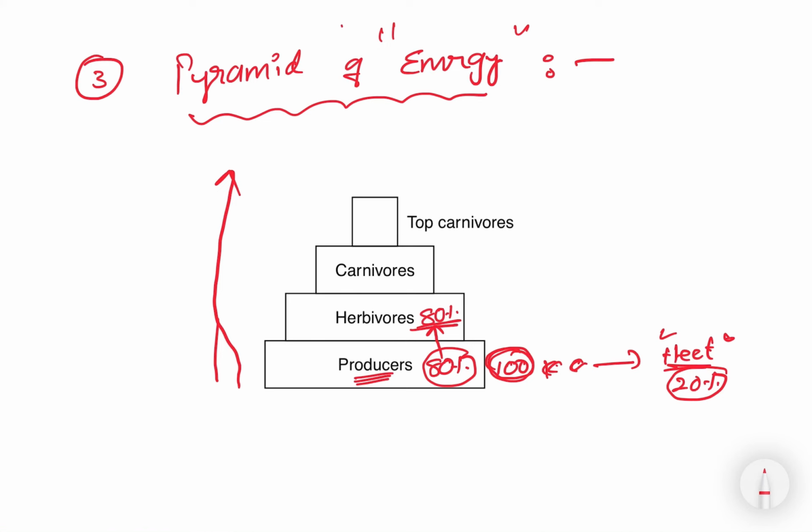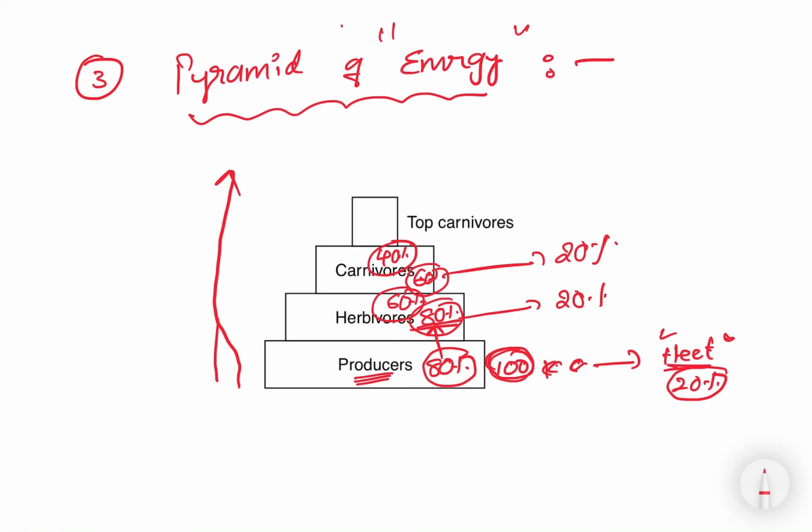And again, out of this 80% of energy, 20% of energy will be lost in the herbivores during respiration and some other metabolic activities. Only 60% will be stored in the herbivore. And this 60% of energy will be transferred towards carnivores, and again 20% of energy will be lost during the metabolic activities, and 40% of energy will be stored.